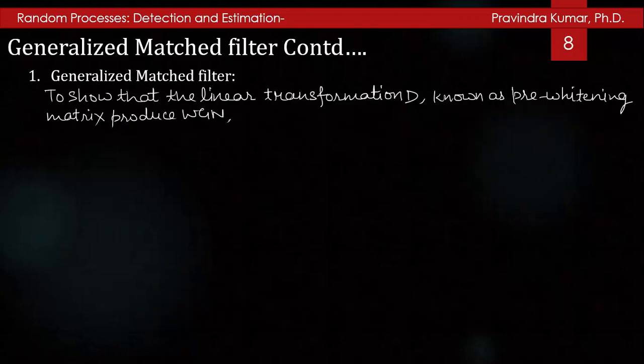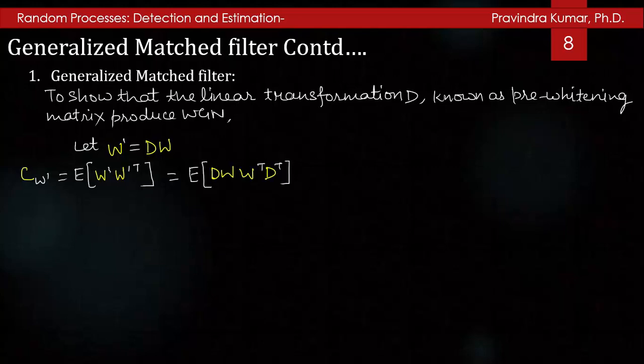To show that the linear transformation D, known as the pre-whitening matrix, produces white Gaussian noise, let omega dash equal D omega. Then the covariance matrix is the expected value of omega dash omega dash transpose, which is the expected value of D omega omega transpose D transpose.